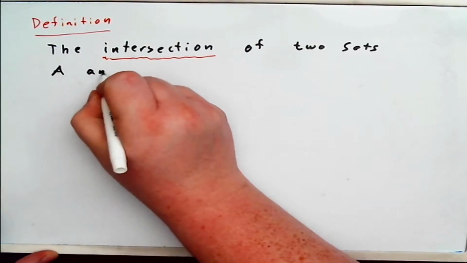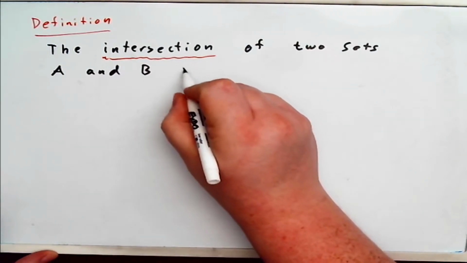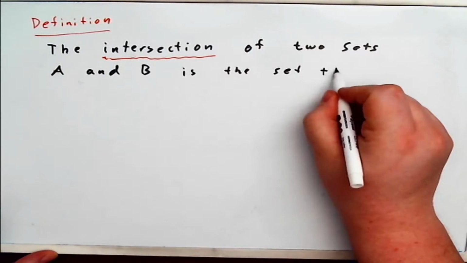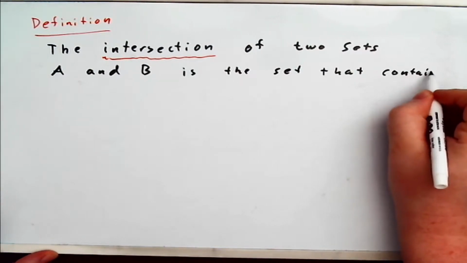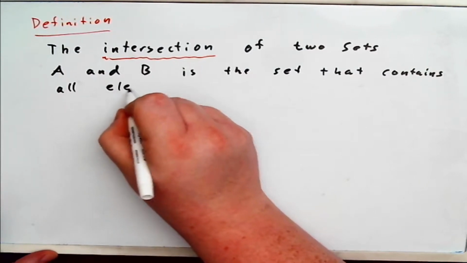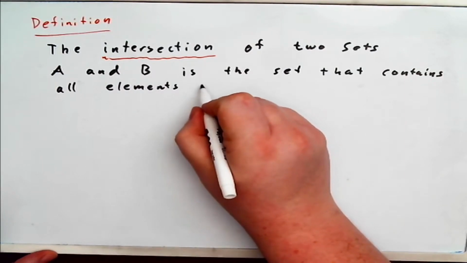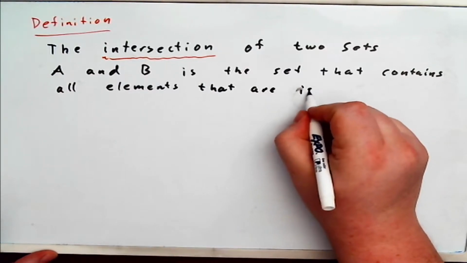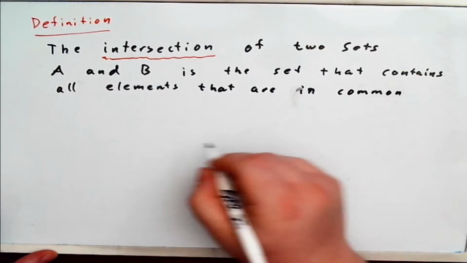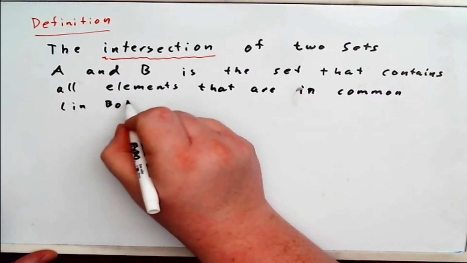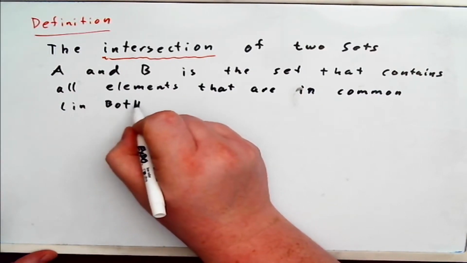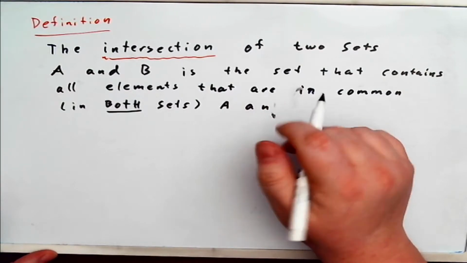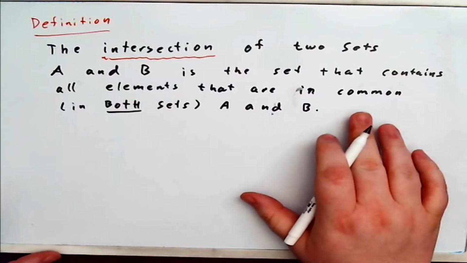Call them A and B. So the intersection of two sets, A and B, is the set that contains all elements that are in common, namely in both sets A and B.